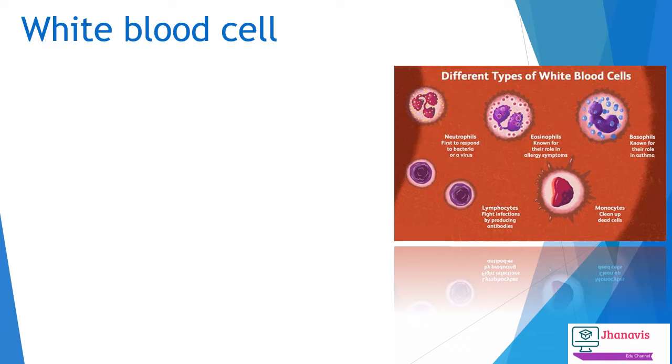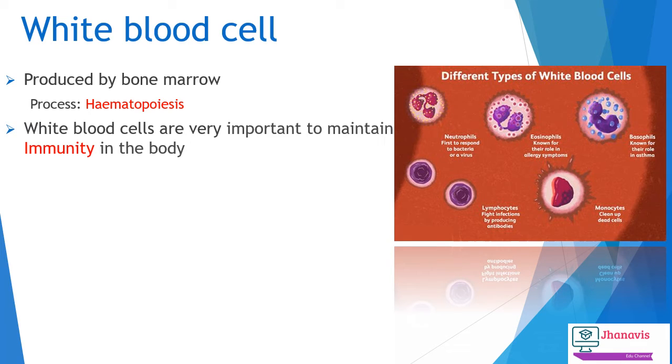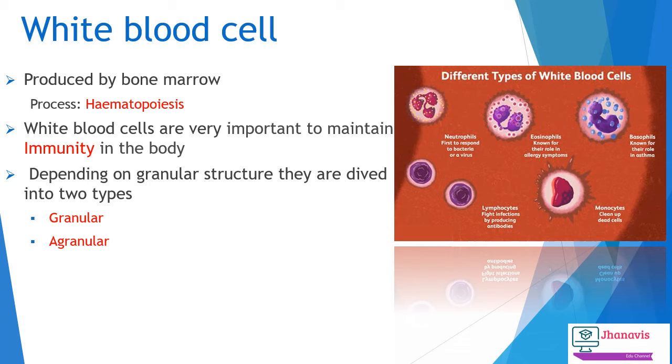These WBCs are produced by the bone marrow by a process called hematopoiesis. White blood cells are very important; as I said, they maintain the immunity in the body. There are different types of white blood cells depending upon the granules present in them. If granules are present, we call them granular WBCs.